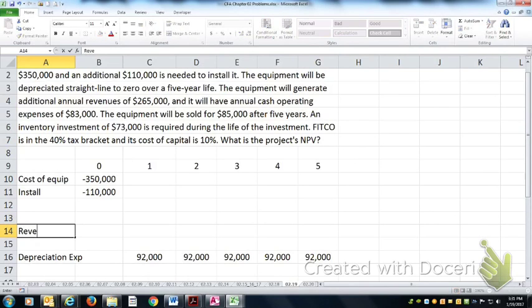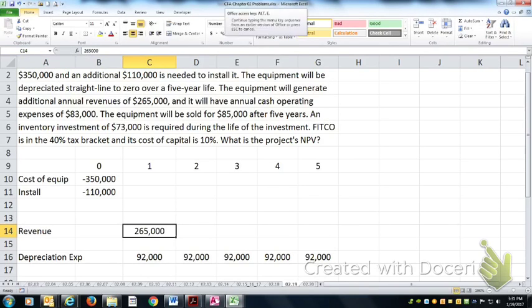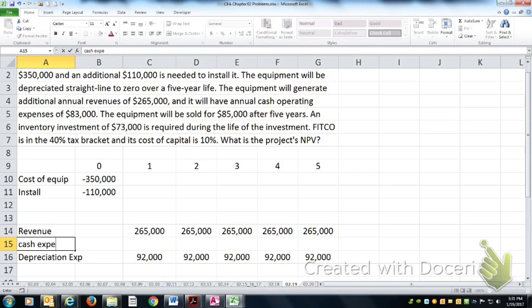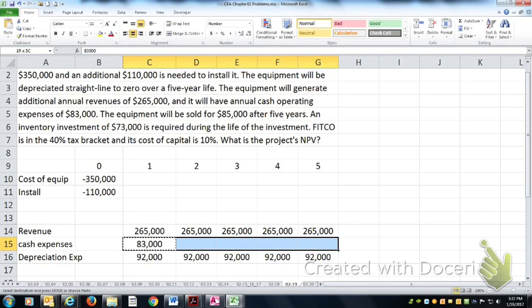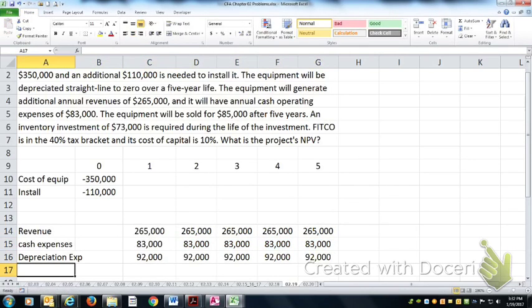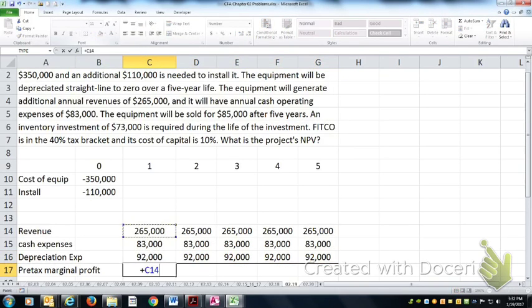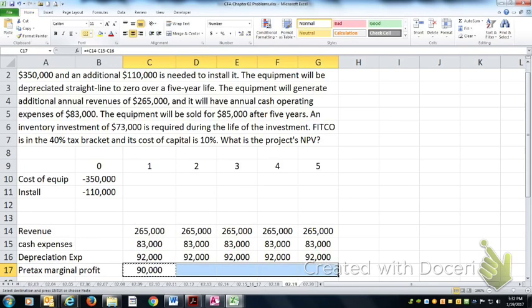My revenue, the marginal revenue, is $265,000 each year. And the cash expenses are $83,000 each year, which means that my pre-tax marginal profit from an accounting standpoint is going to be about $90,000 a year.